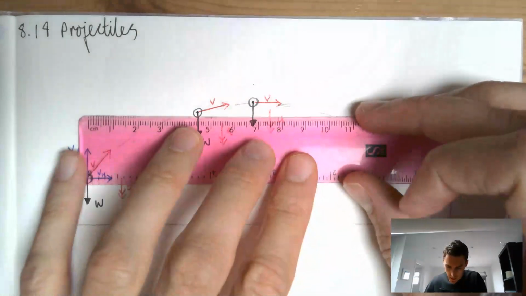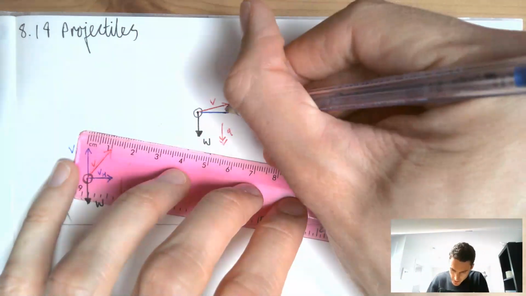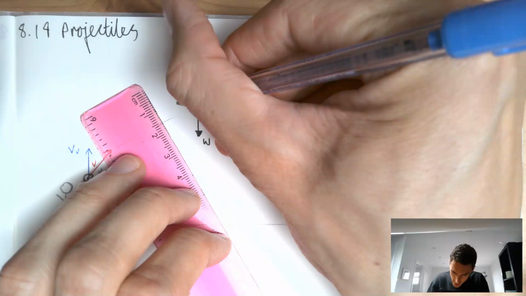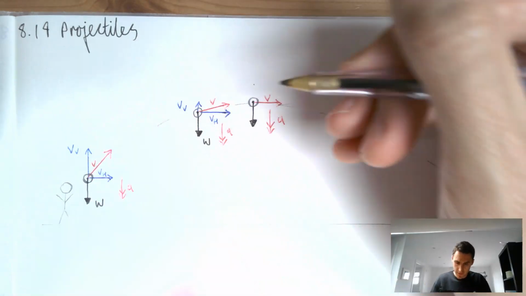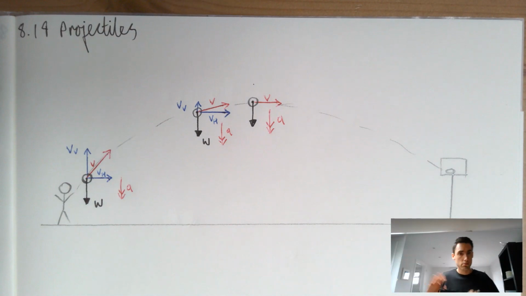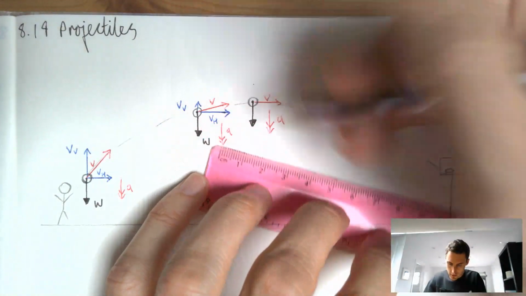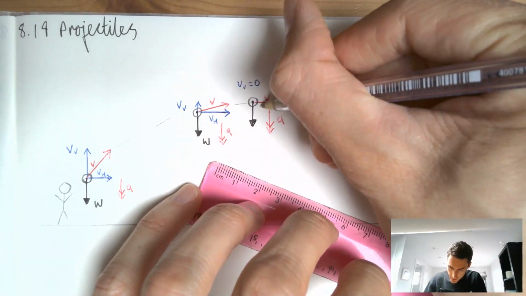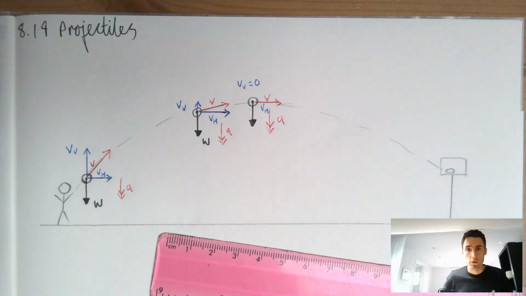Now let's draw this over here, and this is where my arrows are not exactly to scale, but hopefully it illustrates the point. If we split this motion up, the vertical velocity has got a lot lower. The horizontal velocity, if I'd drawn it properly, would be approximately the same. And here we've got 0 vertical velocity, so VV equals 0, but our horizontal velocity is just the same as the overall velocity.